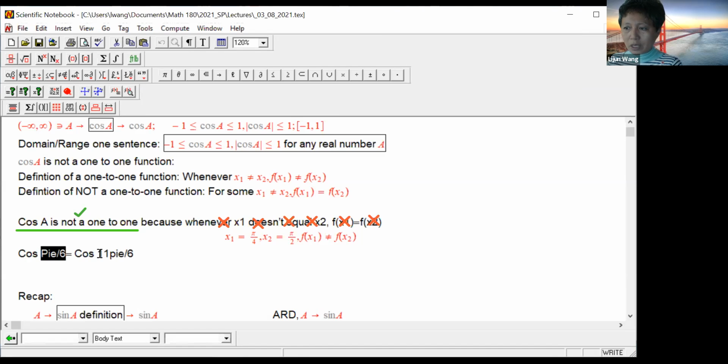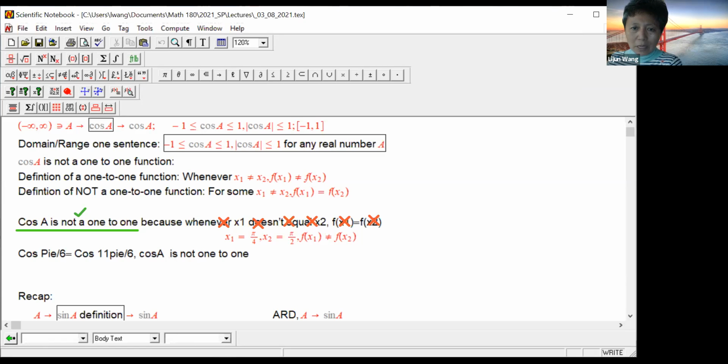The two inputs are different, therefore this is a statement that's correct, and of course you would say cosine A is not a one-to-one function.